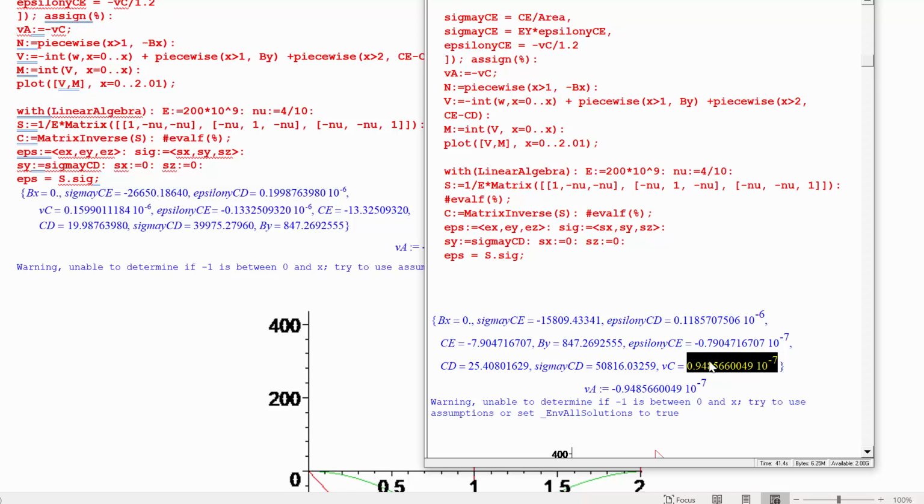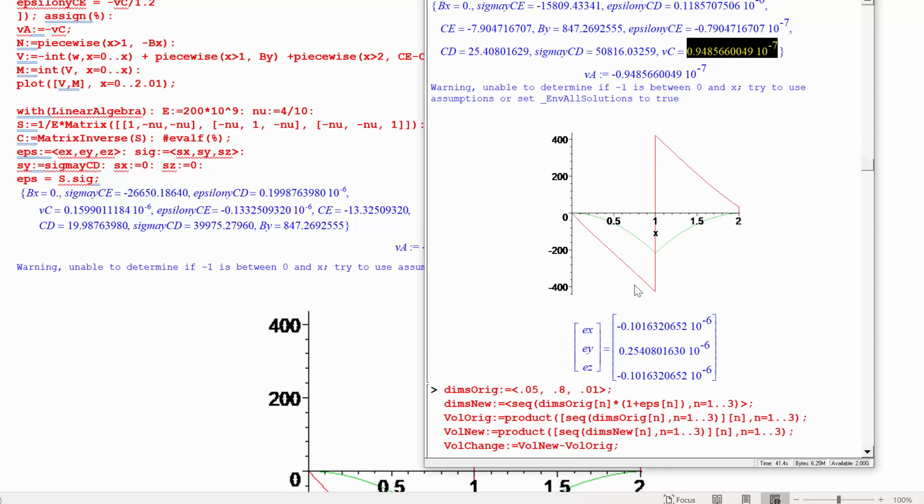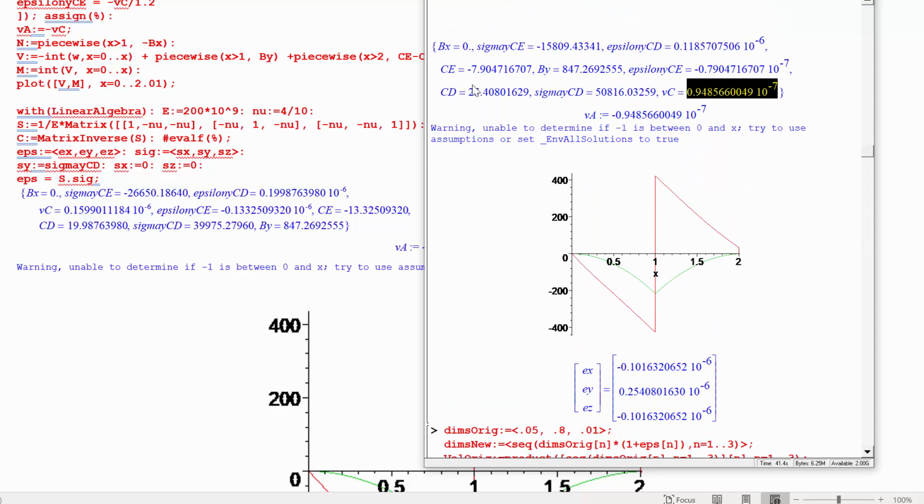So that's the effect of having one or both of the axes fixed for CD as far as the statics go. It doesn't change anything about the shear force and bending moment diagram because we have the same total force over there. With less displacement, we're going to have less strains in X, Y, and Z for this object.